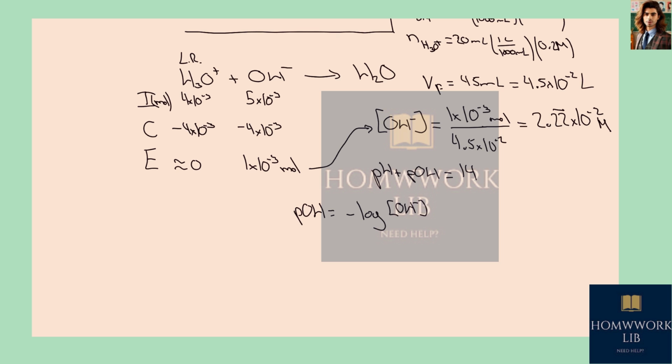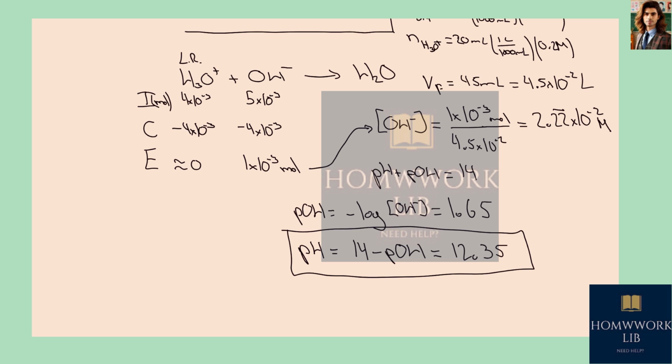Taking the logarithm, that concentration gives us a value of 1.65. So pH is simply going to be 14 minus pOH, which will be 12.35. And this is going to be the pH of our solution after we have added the 25 milliliters of NaOH.